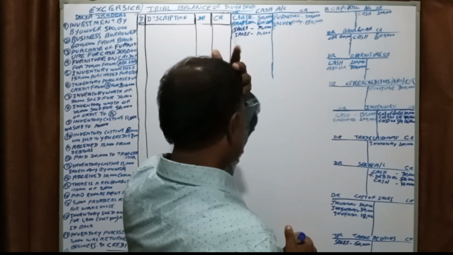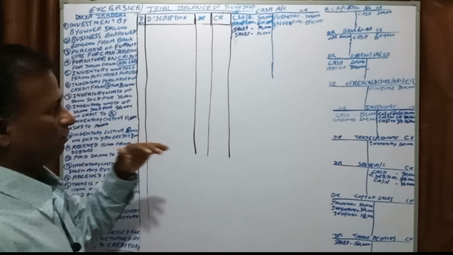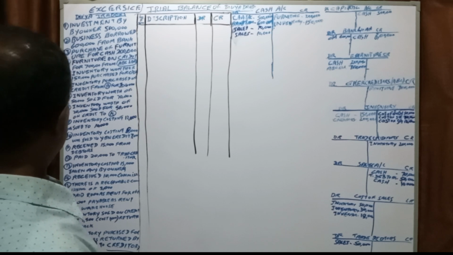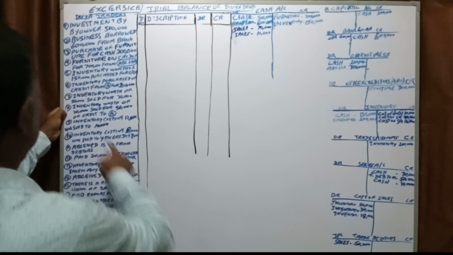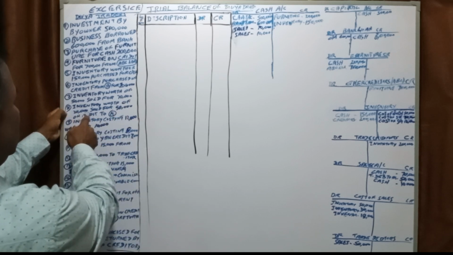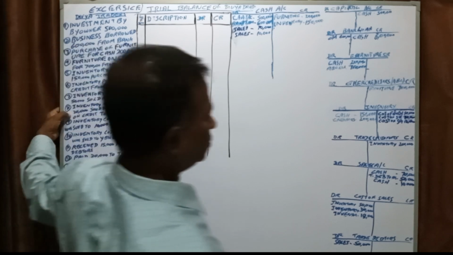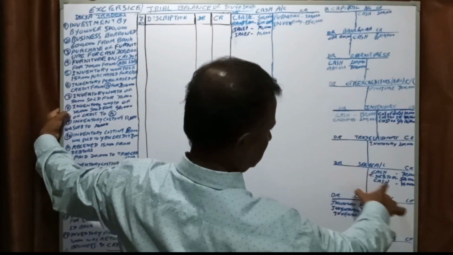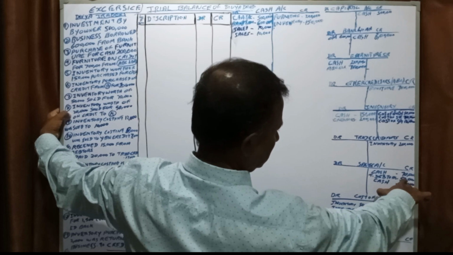Okay. So what has happened in the number 8 adjustment: inventory worth 30,000 was sold for 50,000. So we have made an adjustment for the inventory.